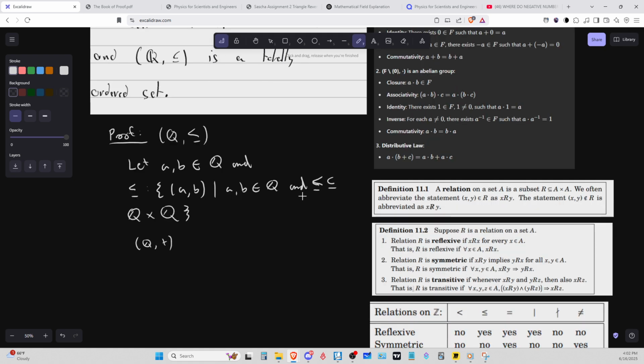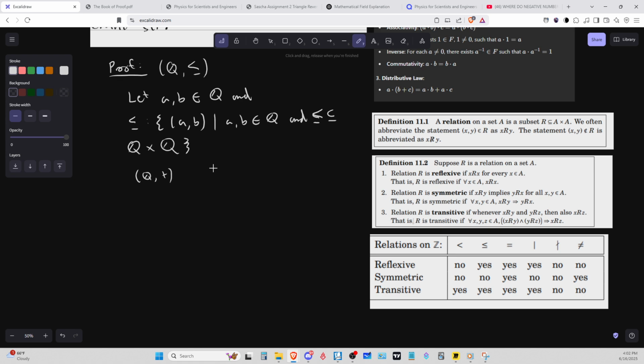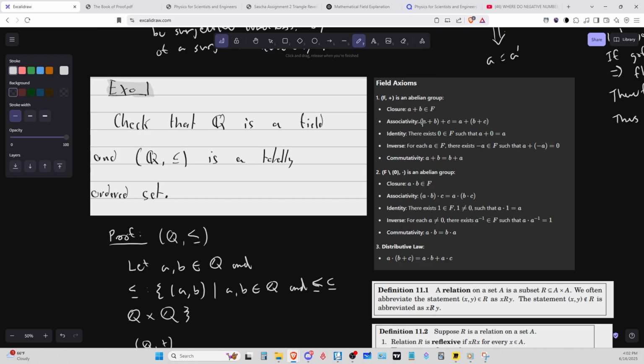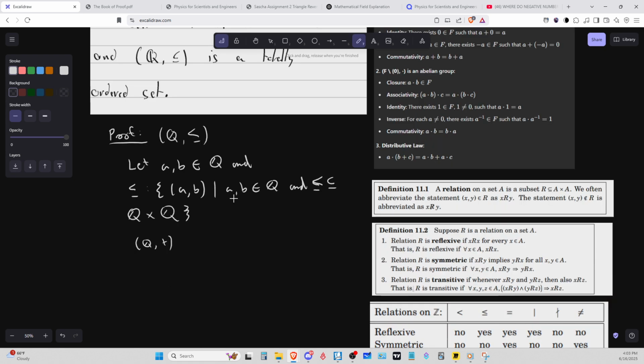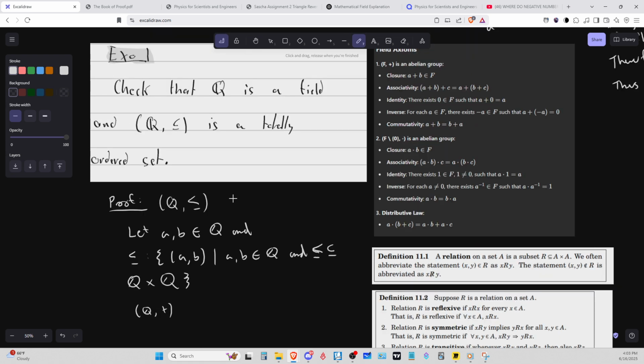Just write down the list in the proof and then use the definition of a field to get us to our second part, which is basically that Q with less than or equal to is a totally ordered set, right? That's what I'm guessing you're trying to tell me from what you typed in the chat.